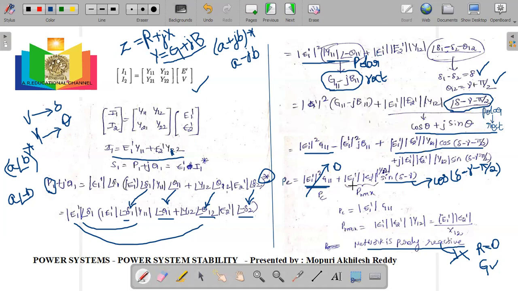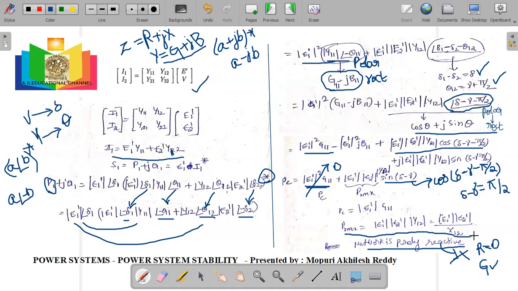Now when del minus gamma is equal to pi by 2, you will get the maximum value. Why? Because sine gets its maximum when theta is equal to 90. So when del minus gamma is equal to pi by 2, you will get P max is equal to E1 dash E2 dash Y12.